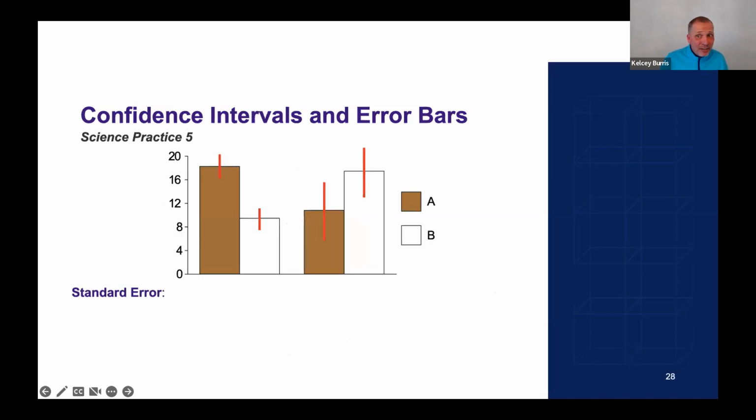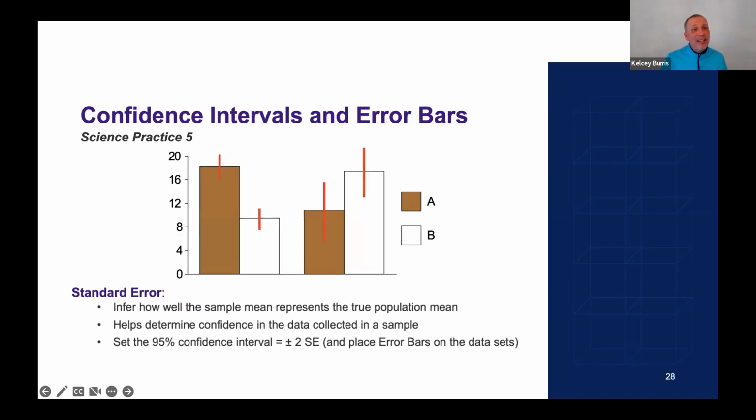Standard error infers how well the sample mean represents the true population mean, and helps determine confidence in the data collected in a sample. It sets the 95% confidence intervals, which equals plus or minus 2 of the standard error, and you need to be able to place error bars on the data sets. Okay, so you've got to be able to put the error bars, which are in red here.